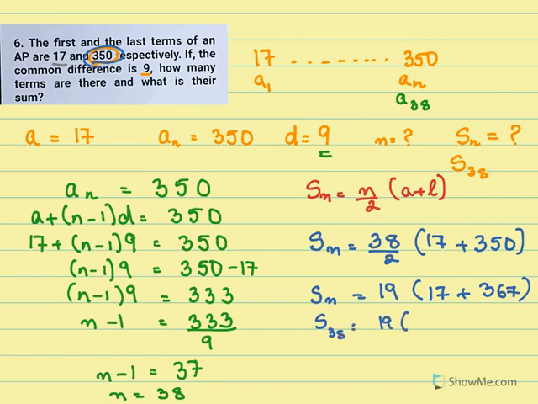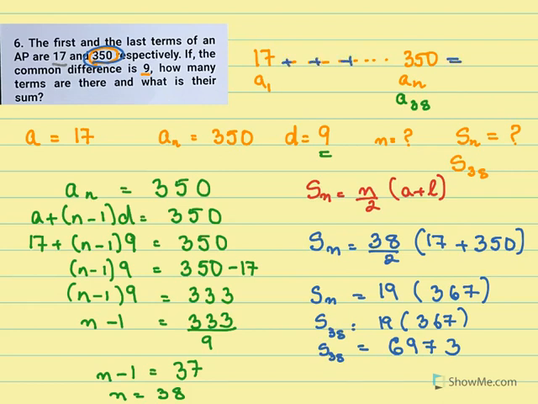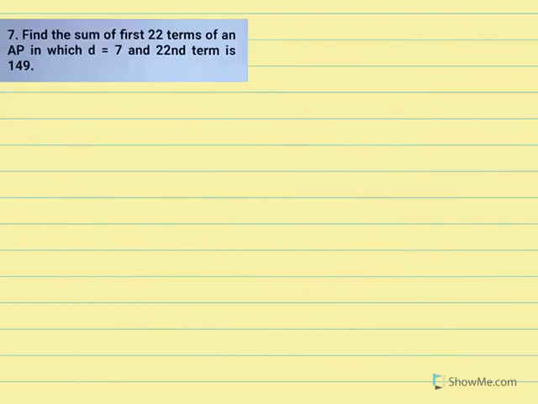So your S38 equal to 19 into, here's a mistake, this was not 17, I had to put here 367. So we have 19 into 367 and the answer is 6973. That is sum of 38 terms. When you add up all these 38 terms, you'll get 6973.